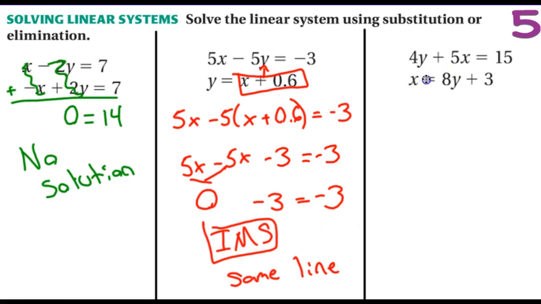Here again I have x by itself, so I can take 8y plus 3 and plug it in for x.